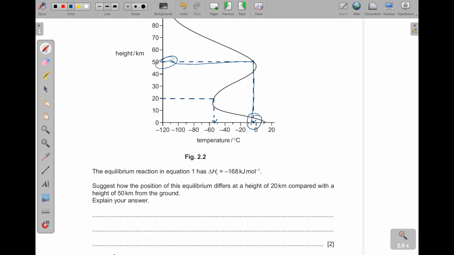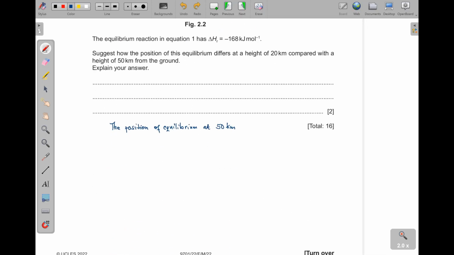So there is an increase in the temperature. So if there is an increase in the temperature and yet this one is an exothermic reaction, then that means that the position of equilibrium is going to shift to the left to favor the endothermic reaction, the endothermic side. Okay, so the position of equilibrium at 50 shifts to the left.